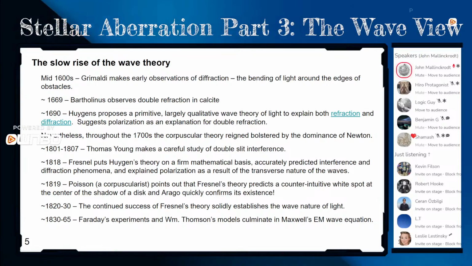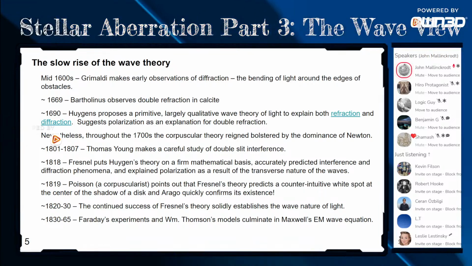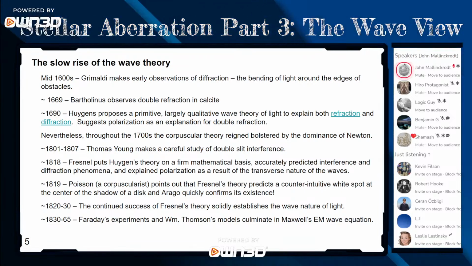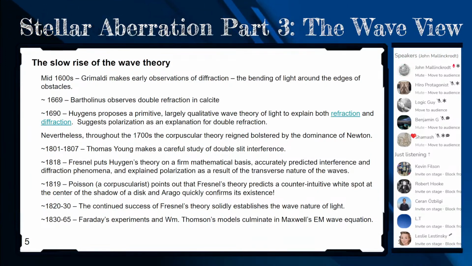Huygens, just around the time of Newton, around 1690, proposed a very primitive and essentially qualitative wave theory of light using Huygens wavelets. If you might have heard about that, we've had a couple of previous bites of physics on that that I'm linking there: a refraction bite of physics and a diffraction bite of physics. And he suggested polarization as an explanation for double refraction that Bartholinus had first observed.